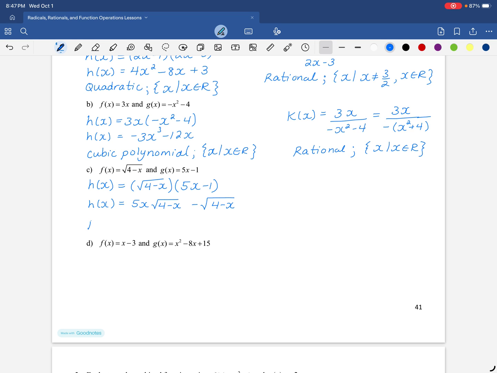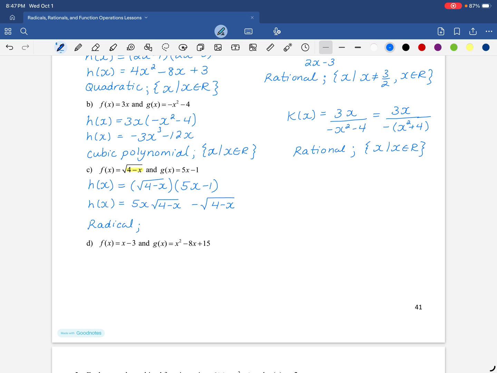So what have I created here? Well, by multiplying these two together, I've actually created a radical function. Okay, now we want to be careful with the domain because we know that function g does have a domain that's an element of the reals, but function f does not. Function f actually has a restricted domain. So if I take a look at that, I'll just highlight that. So remember back in 20-1, you looked at the radicand. So if you take 4 take away x and you set it greater than or equal to 0 and you start solving for x, you're going to have x less than or equal to 4.